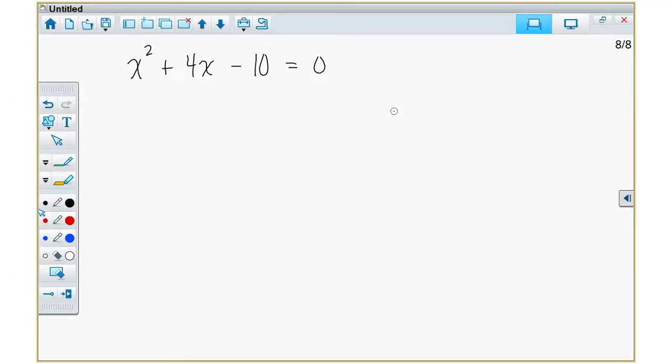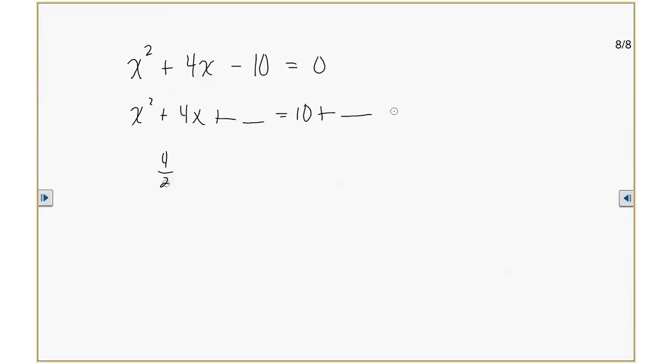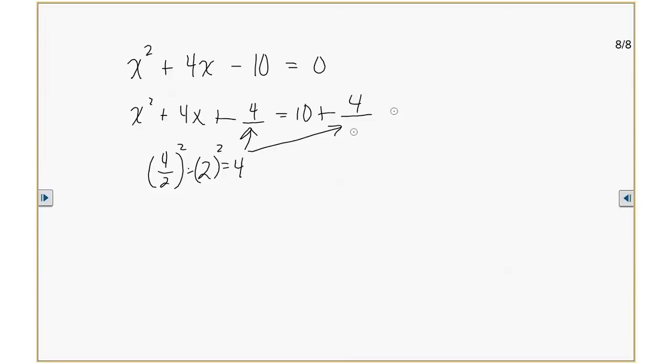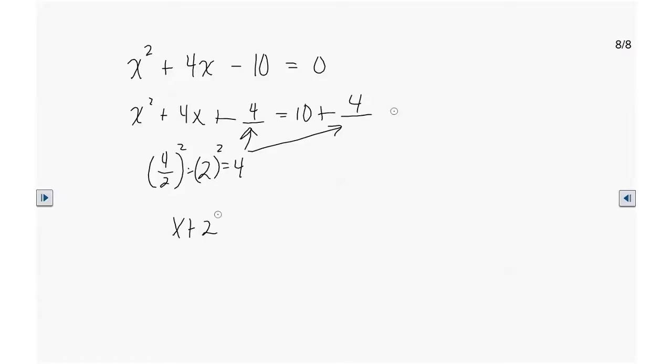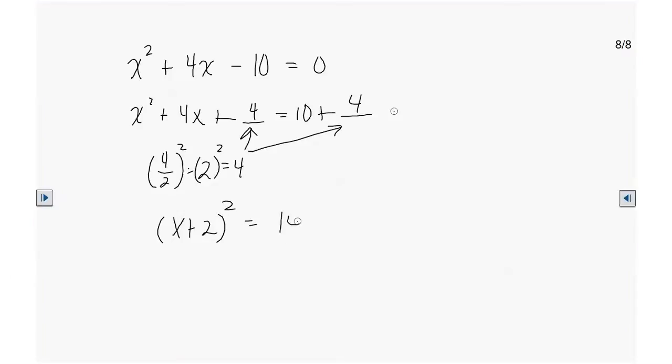So, x squared plus 4x plus blank is equal to 10 plus blank. Half of 4 is 2, squared is 4. x plus 2 quantity squared is equal to 10 plus 4, which is 14.